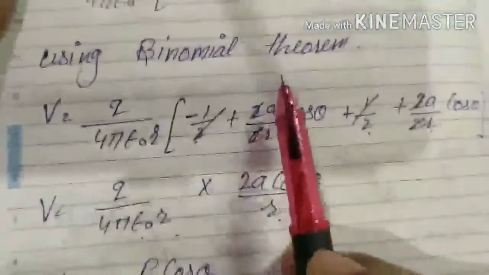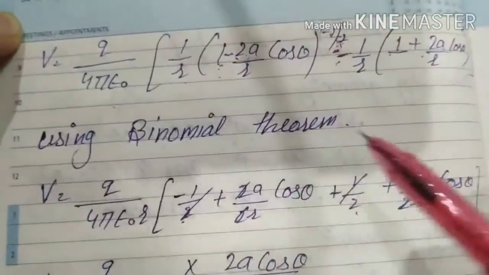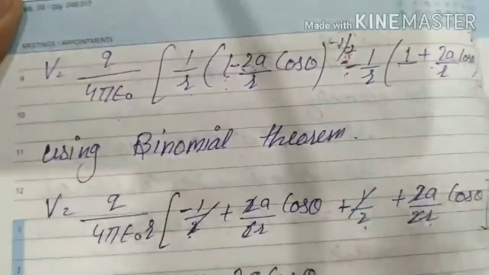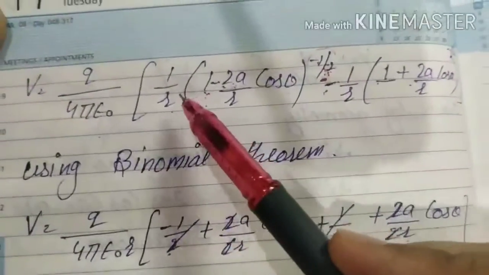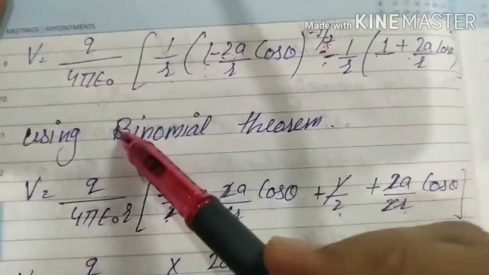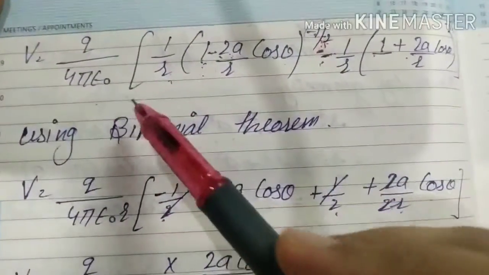After putting these values, we use the binomial theorem. The binomial theorem is somewhat difficult, but it is necessary to understand it. In the binomial theorem, we firstly take 1 by R common outside.